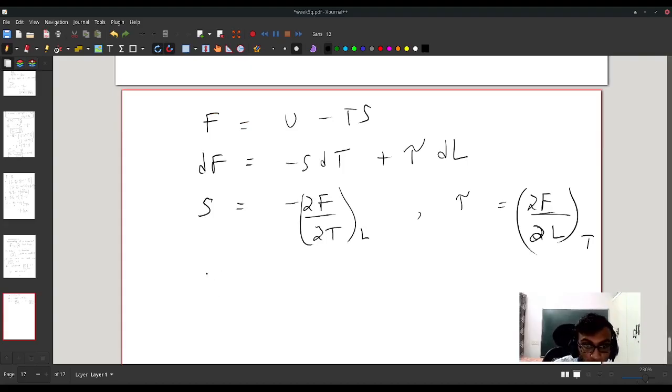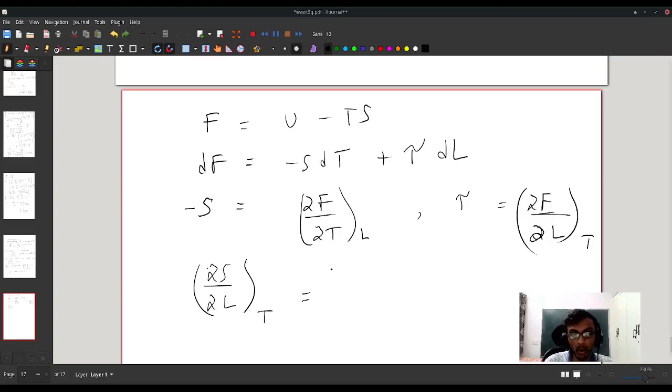So that would mean that ∂S/∂L at constant temperature is equal to ∂𝒯/∂T at constant length. Yeah, so this is the Maxwell relation you get.